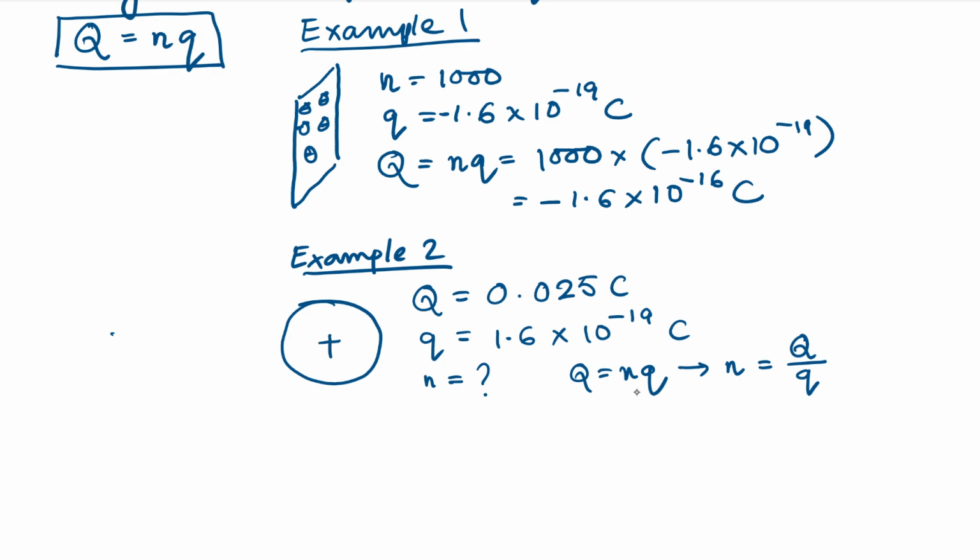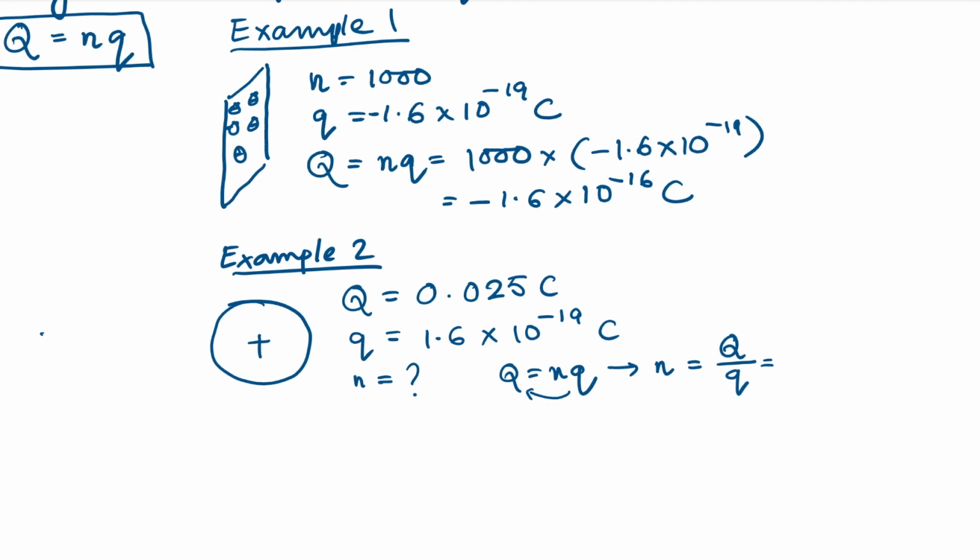Because we have moved this small q to the other side, that's how we rearrange the equation. And then you can substitute the numbers in here. So you can put Q as 0.025, that's our capital Q, the total amount of charge on the object. And then the charge on each electron is this.